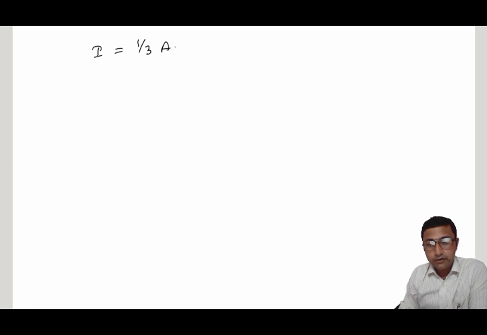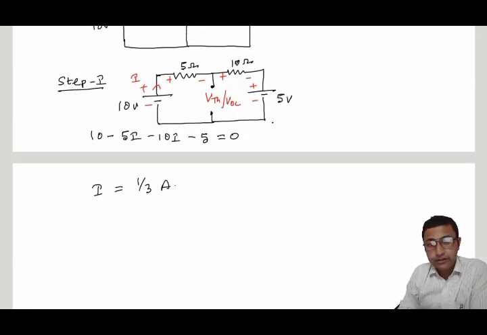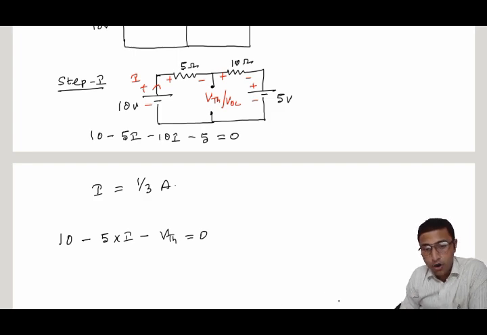Then to find VTH, look carefully. This is your VTH, imagine a fictitious voltage source. If we apply KVL in this mesh, with the 10 volt source, this 5 ohm, and the fictitious voltage source VTH, then 10 minus 5 into I minus VTH equals 0.